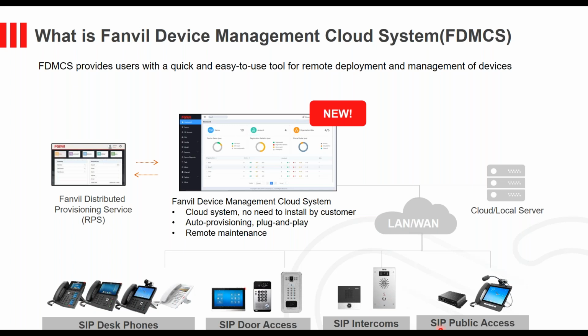And then last but not least, we have what we call SIP public addresses. Now, this is really a gateway that we have called the PA system, really our PA2, that enables the provider or the integrator to be able to convert anything that was analog before into a SIP interface.